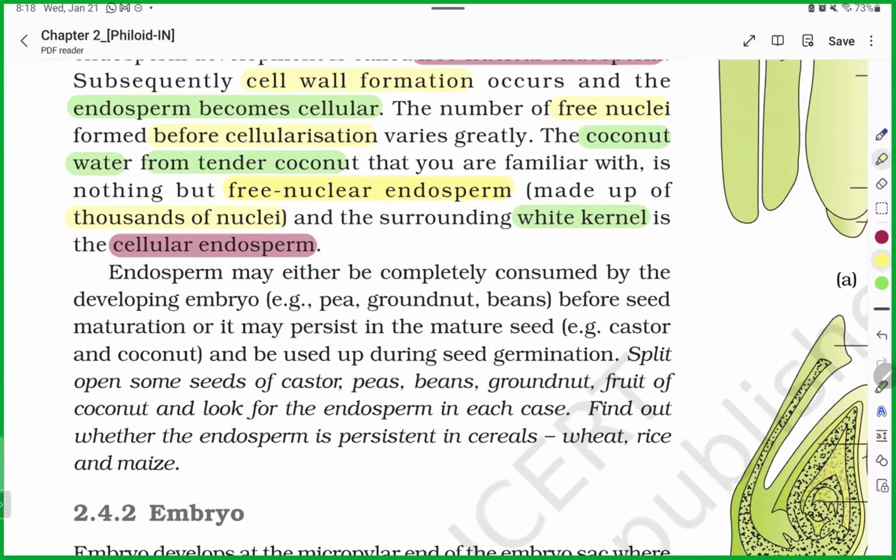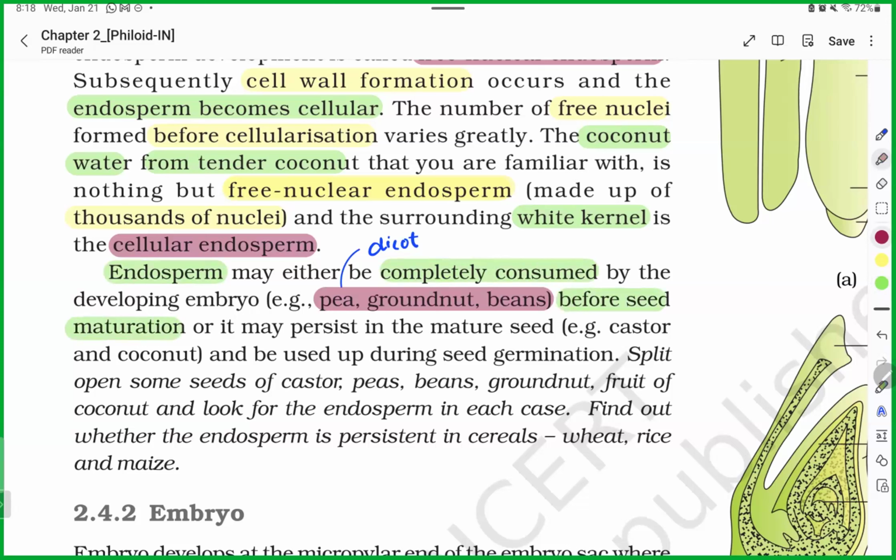Most of angiosperm have endosperm, but it is sometimes completely consumed by the developing embryo, mostly in dicot. Just remember, in most of dicot, endosperm is completely consumed. Correct? And in some seed, it might stay even after the complete growth.